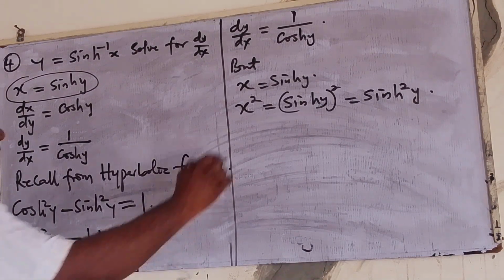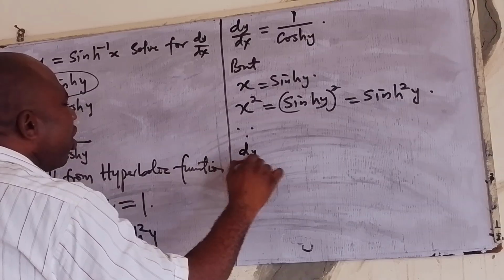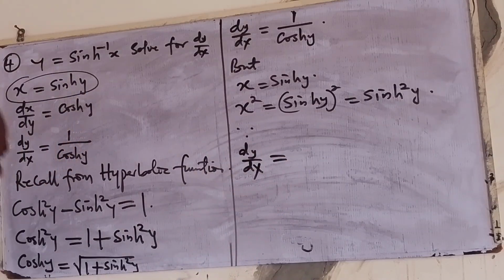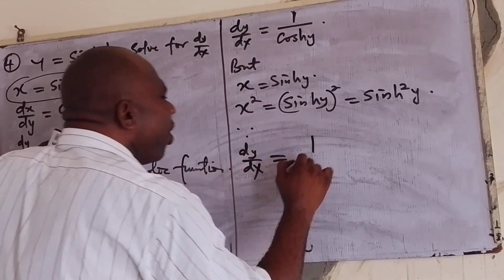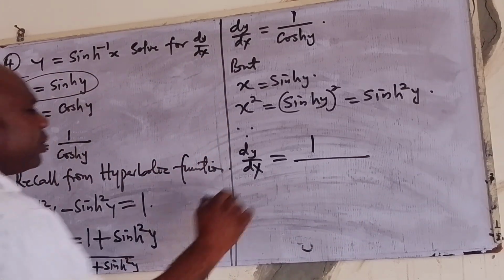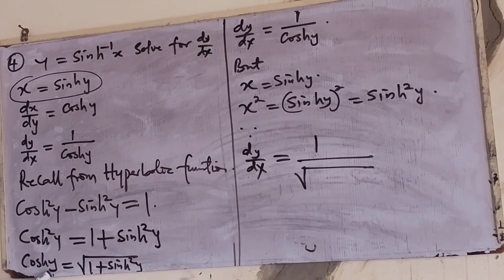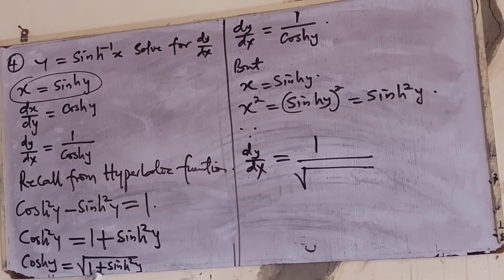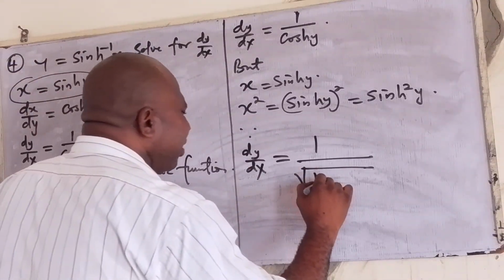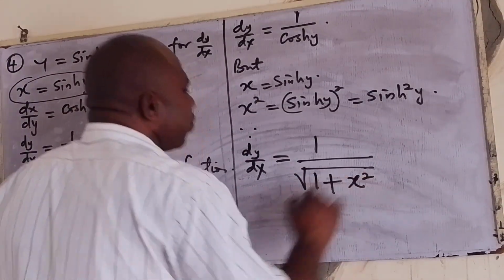So it therefore means that the dy all over the dx will be equal to 1 all over the square root, because here we say cos hy is the same thing as the square root of 1 plus sine h squared y. So that will give us 1 all over the square root of 1 plus x squared.